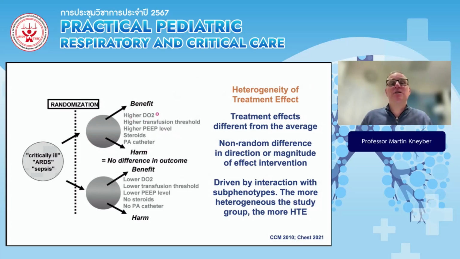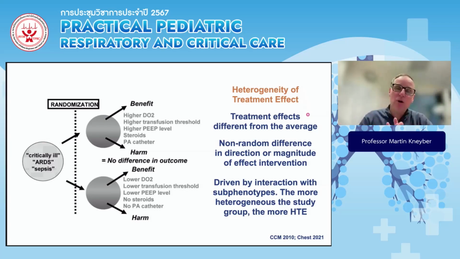Well, in some patients, there might be a benefit, but in other patients, there might be harm. And same for patients with low PEEP level. Some might benefit, some might harm. But then overall, because of this heterogeneity, the signal is negative. There is no difference in outcome. And this is what's been going on in many, many trials. And this is what is so-called heterogeneity of treatment effect.